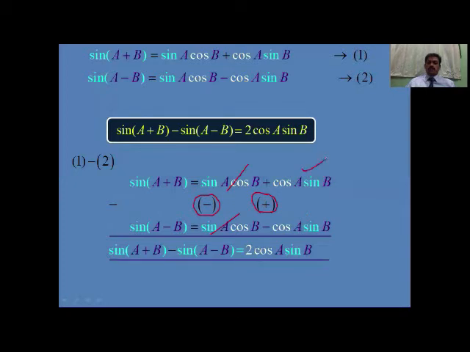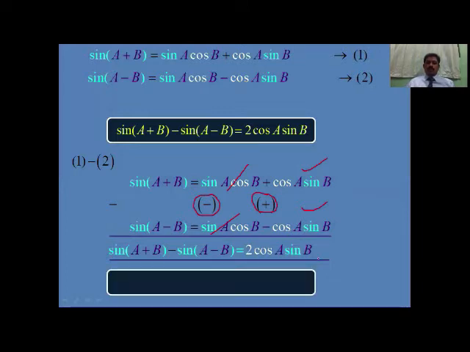And these two are same, and I'm going to add it. So therefore, sine of A plus B minus sine of A minus B equal to 2 into cos A sine B. So we got the another formula, sine of A plus B minus sine of A minus B equal to 2 into cos A sine B.